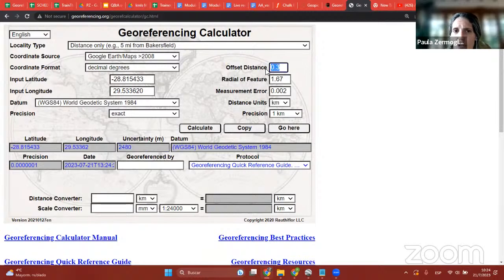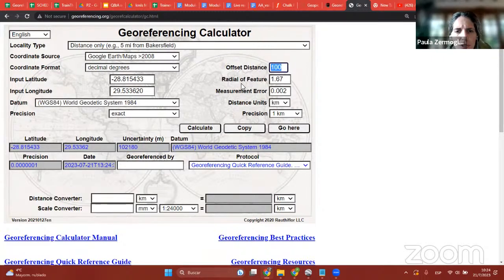If we went to a much higher offset, let's say 100 kilometers, the uncertainty will go much higher. Much higher. So the offset distance is the factor that is driving mostly this value of uncertainty.